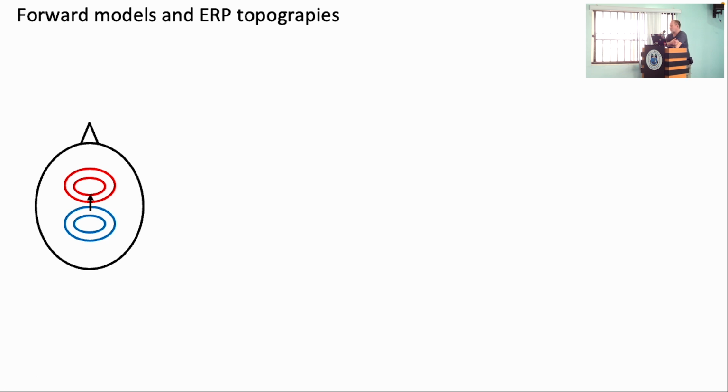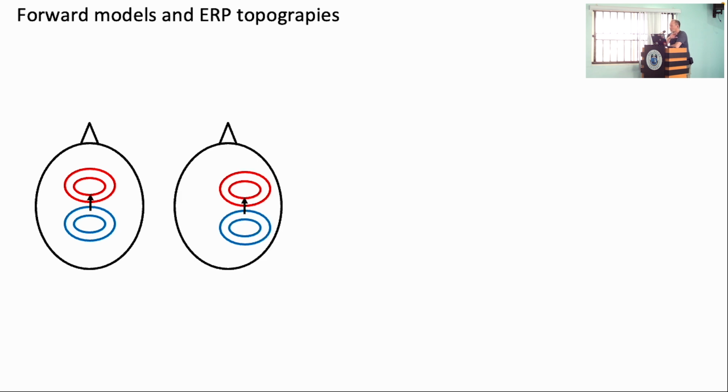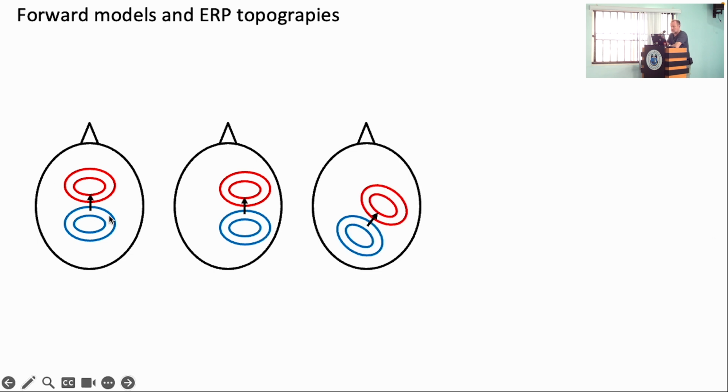So this gives opportunity for a few approaches. For example, that if the spatial topography shifts, well, that must mean that the dipole has also shifted. And it doesn't mean that the brain has shifted, but it means that the activity is now coming from a different brain area than I was showing over here. Or if the pattern rotates, it means that the equivalent current dipole also rotates.